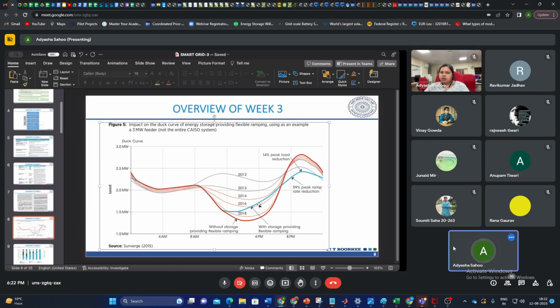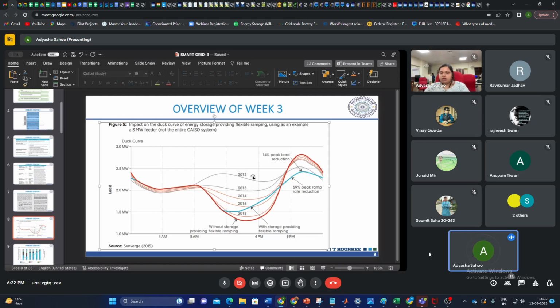And similarly, we also have this ramp, which is also crucial. So basically in this duck curve, on the y-axis we have the load demand, and on the x-axis we have the time. Okay, so we can see how this duck curve is changing over the years. Previously, in the early years like 2012, 2013, it was a nearly flat curve.